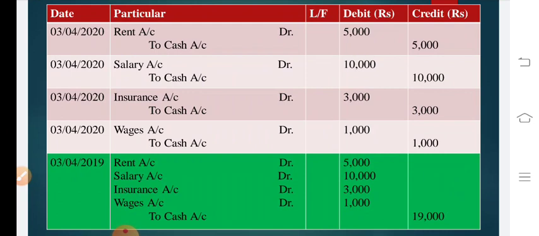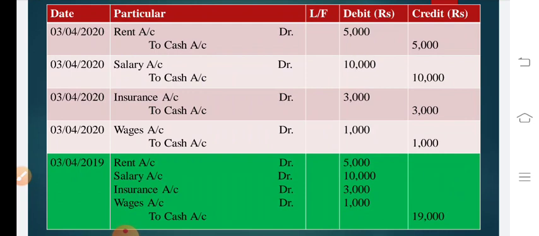So here also rent, salary, insurance and wages are all expenses, and expenses need to be debited because they are paid through cash. So in each point cash is going out, and the real account rule says anything that goes out must be credited. So we have passed the journal entry for the first time.